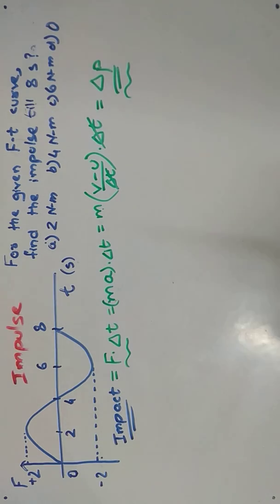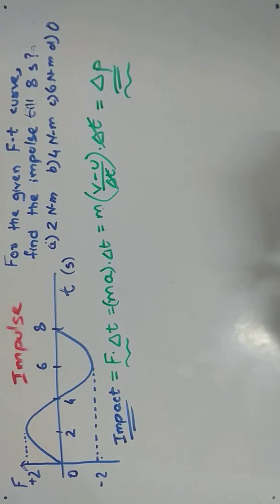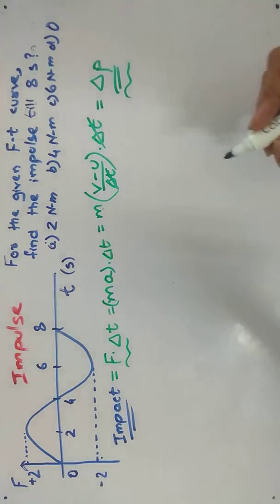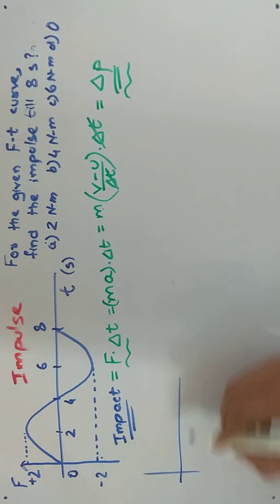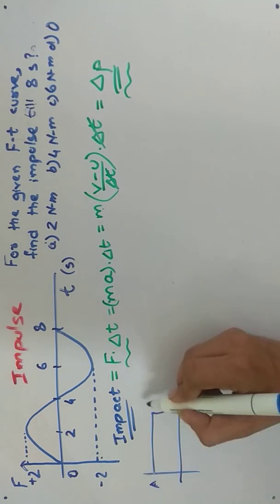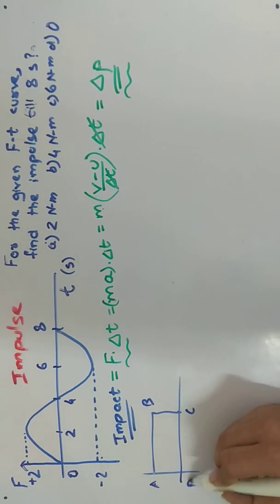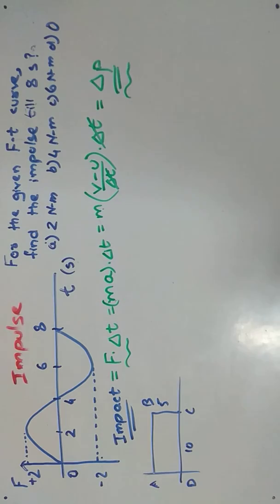So now let's see this question. First of all, for doing this by graph, we should know how to solve a multiplication in a graph. For this, we'll consider a very basic concept. So this is a rectangle ABCD, and the length, say, is 10 and the breadth is 5.